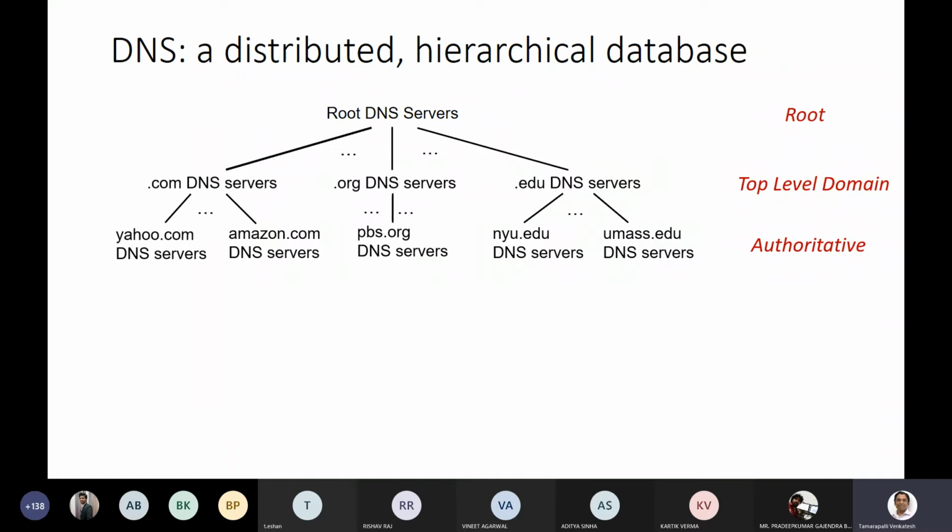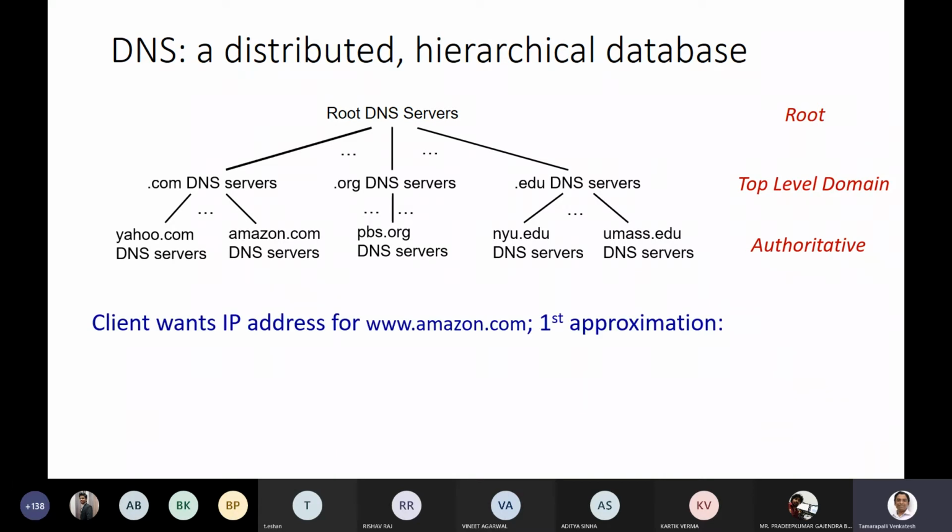Root is like an imaginary level. It is simply represented as a dot sometimes before all these other top level domain organizations. So if a client wants the IP address for, say, Amazon.com, first the client has to query the root server to find the DNS server which is responsible for maintaining the records corresponding to the TLD level, that is the .com DNS server.